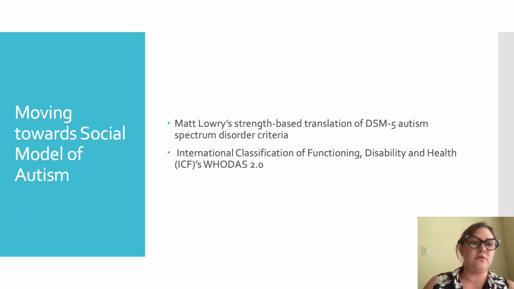All right, so as we've discussed in other videos, we as social workers are really shifting more towards a social model of conceptualizing autism, and these diagnostic criteria that I've just explained are very heavily focused on deficits and are rooted in the medical model.